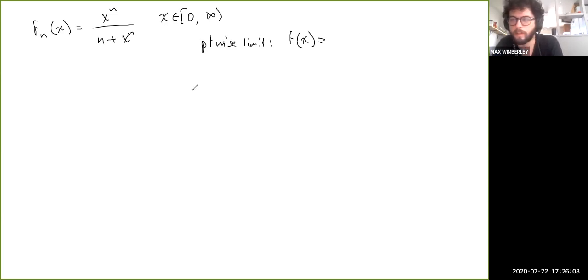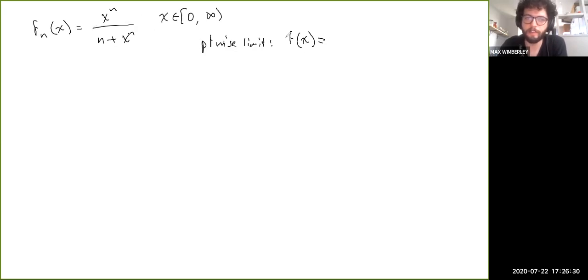So what is the pointwise limit in this case? It's pretty similar, except for one point. Right, so the same stuff happens.